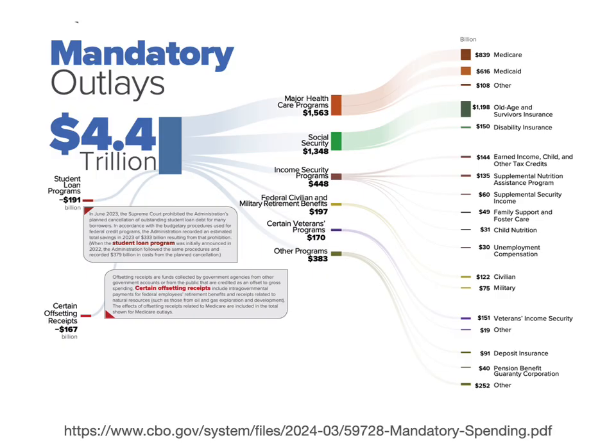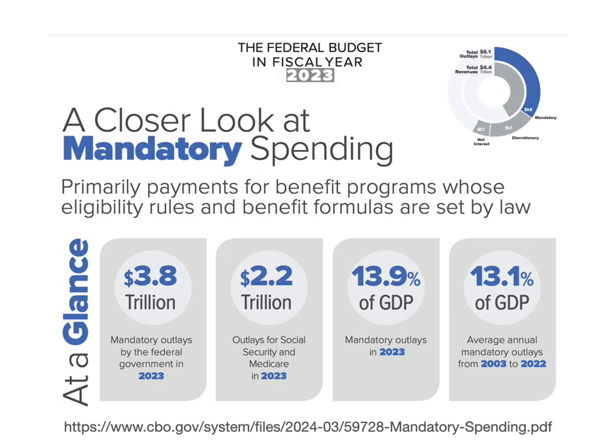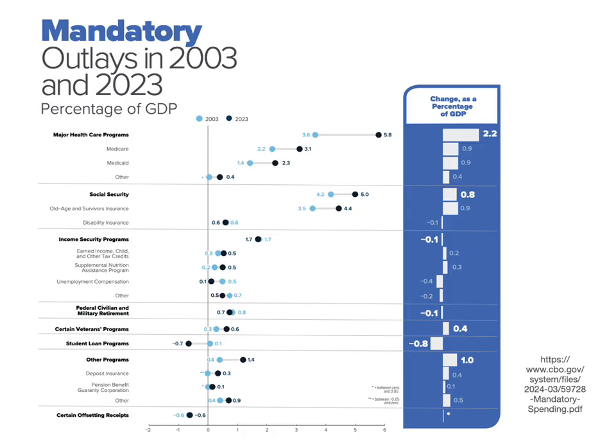Here's another visual representation of these data. This is now looking at fiscal 2023, showing us a little bit more detail. And now here we see for the same year, fiscal 23, these same data as a share of GDP. Now we're looking at change over a 20-year period.